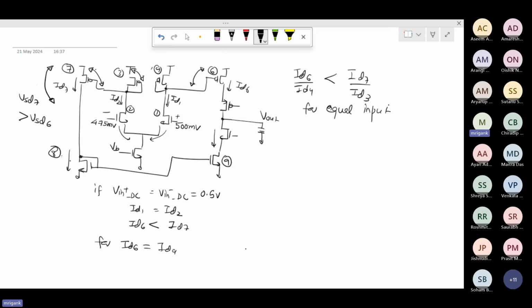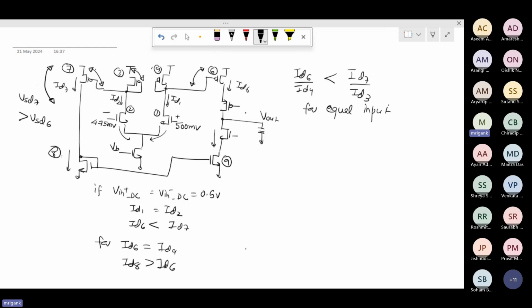Now, if ID7 is bigger, ID8 is also equal and bigger. So now ID8 is also significantly bigger. ID8 is going to be bigger than ID6. That means what is the situation? ID9 will try to sink more current than ID6. But that is not possible, right? Because ID6 and ID9 are in the same series. So in order to make sure that ID9 and ID6 are same, what is the option the circuit has?